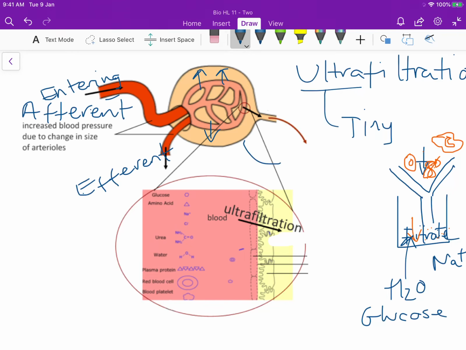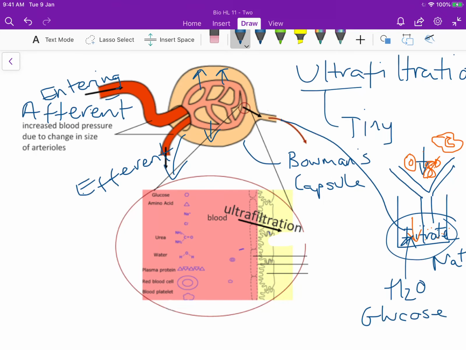So around the outside we can see Bowman's capsule, which is going to collect our filtrate. So this is what's coming out, the filtrate. Bowman's capsule collects it, and then the blood leaving has had its concentration of different things like glucose and salts and toxins and water. The concentration has changed. Also, we talked about lower oxygen.